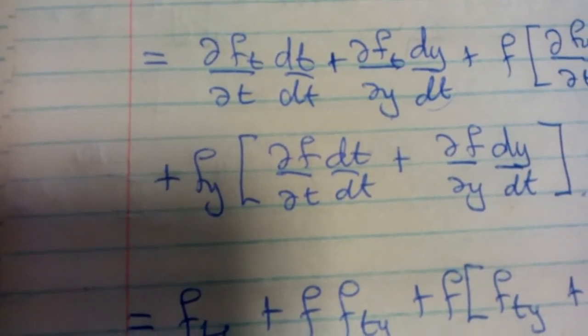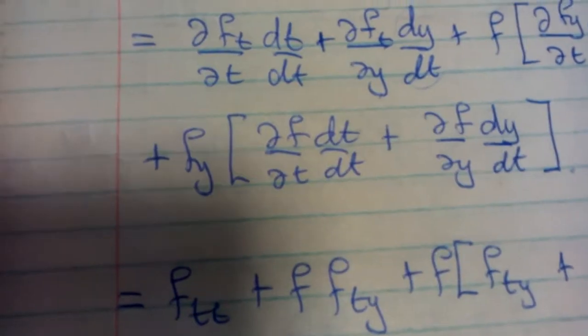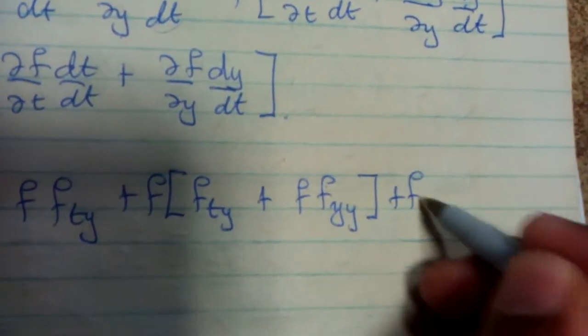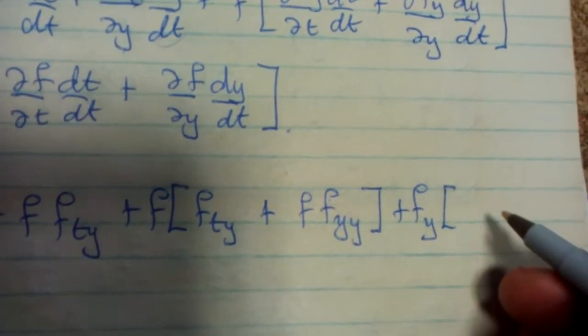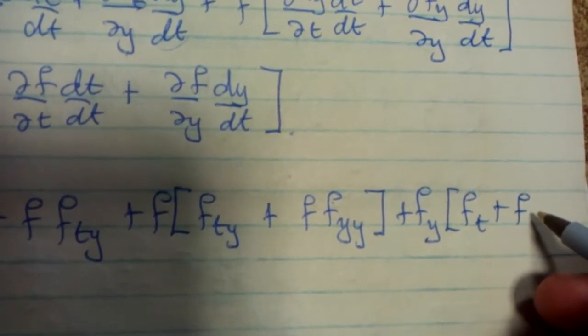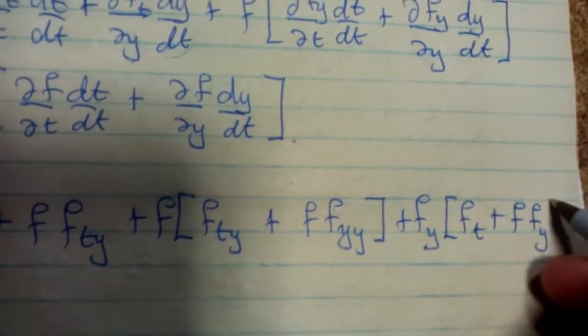This is f divided by t is f, partial y of f_y is f_yy, plus f_y times (f_t plus f f_y).